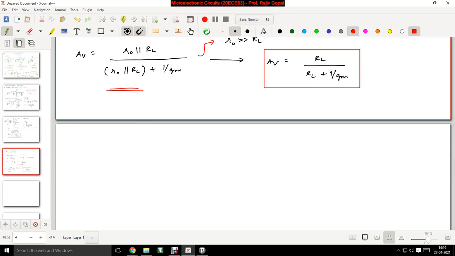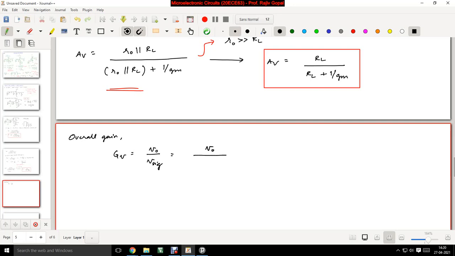So AV I have found out. Now I have to find the overall gain. GV is equal to V naught by V signal. V signal I can write as Vi into Rg plus R signal divided by Rg. So this is AV into Rg by Rg plus R signal.